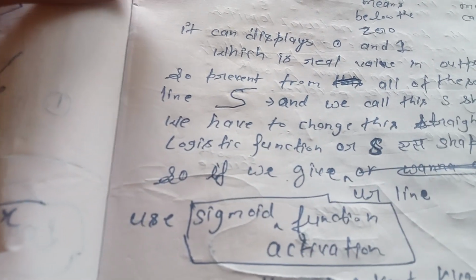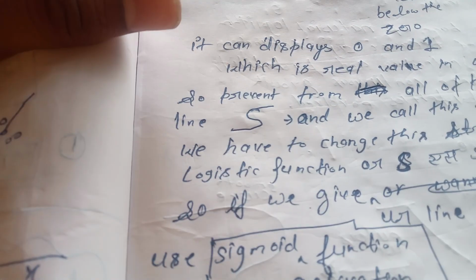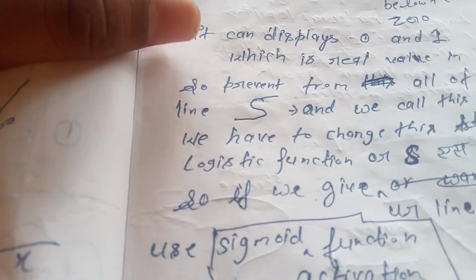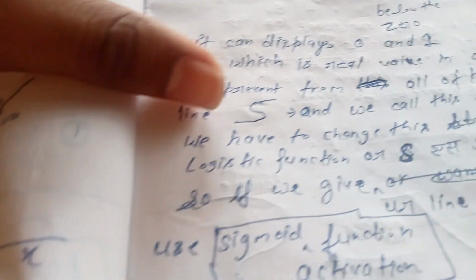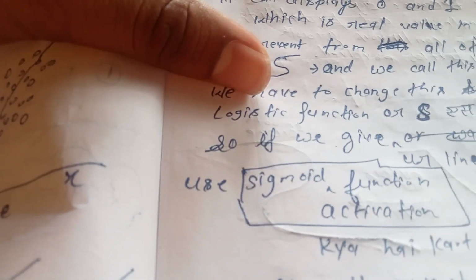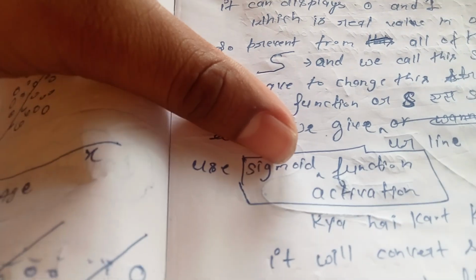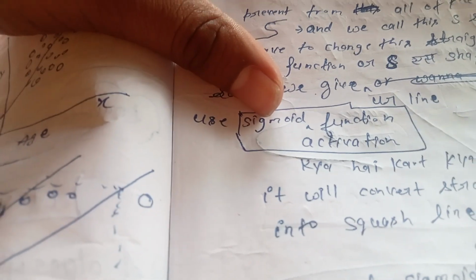If you want to use logistic function, then for that you have to use a sigmoid function first, which is a sigmoid activation function.